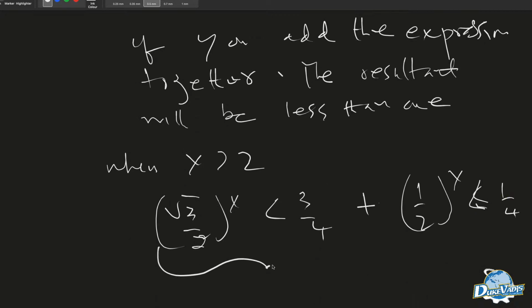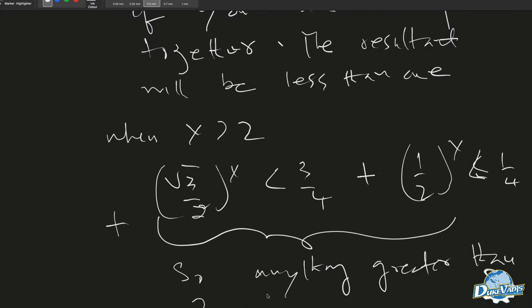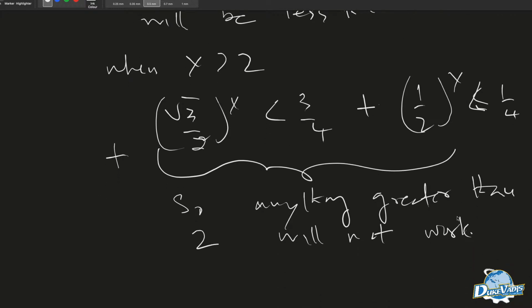When we add this together, so anything greater than 2 will not work for us, because even the summation of the two is going to make our equation less than 1. So that is when x is greater than 2. When we add this and that, this is what we get.